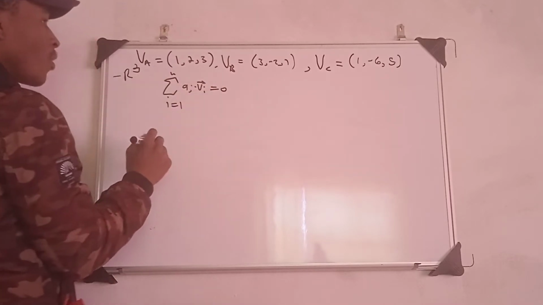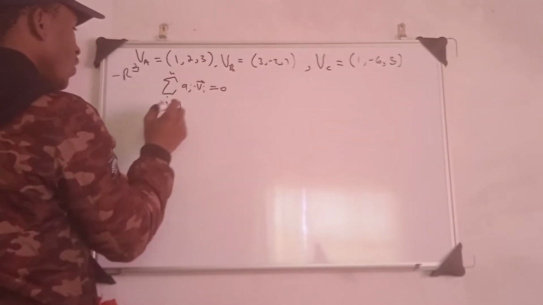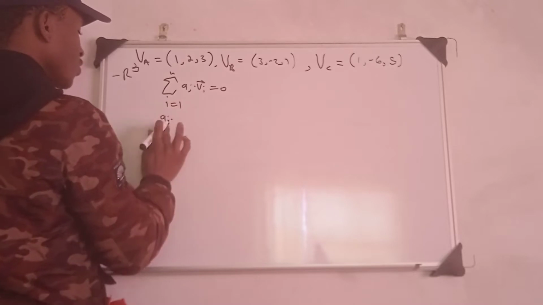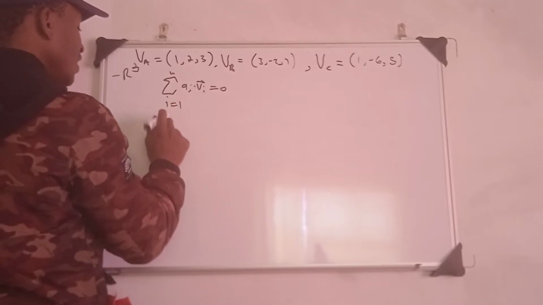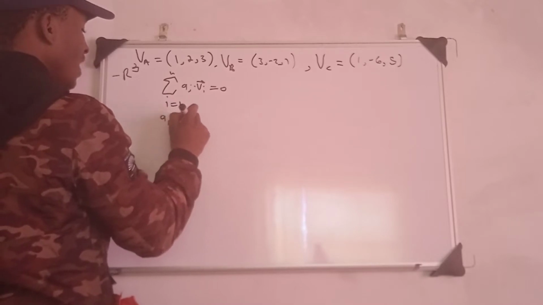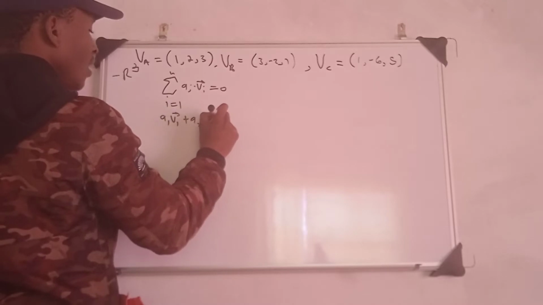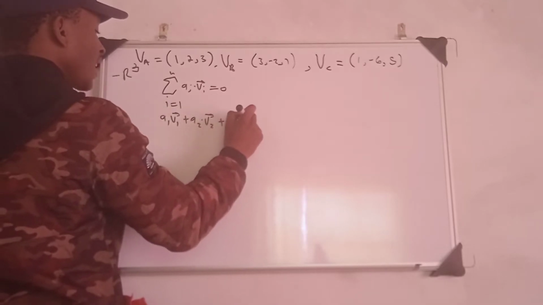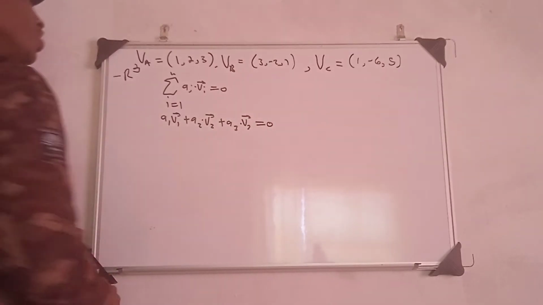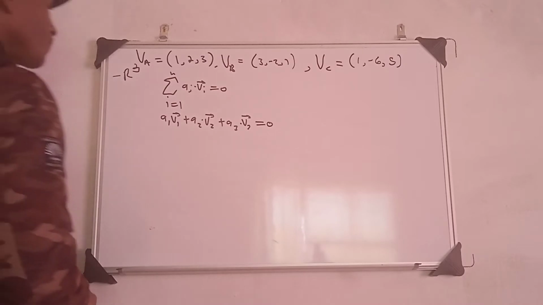We can expand this equation so that we get a1 multiplied by v1 plus a2 multiplied by v2 plus a3 multiplied by v3, and their summation should give us 0.